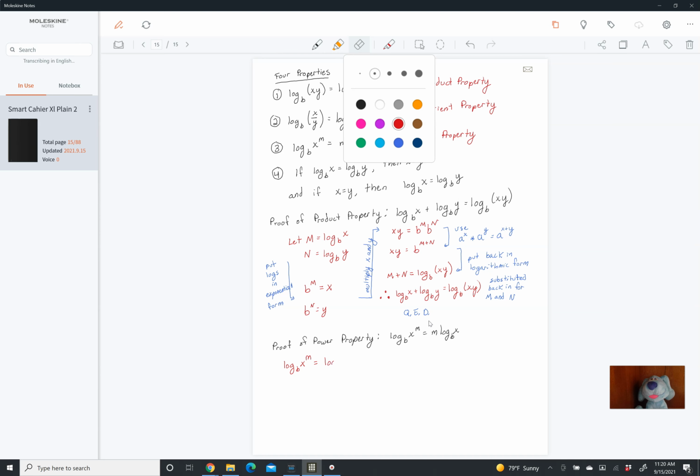This is equal to log base b of x times x times x, m times. This is just the definition of exponents. That's what we did. We expanded.